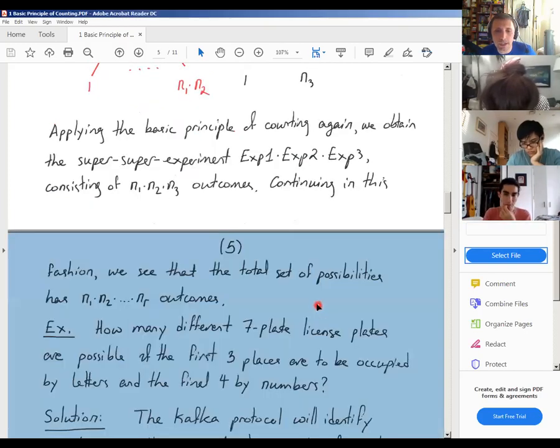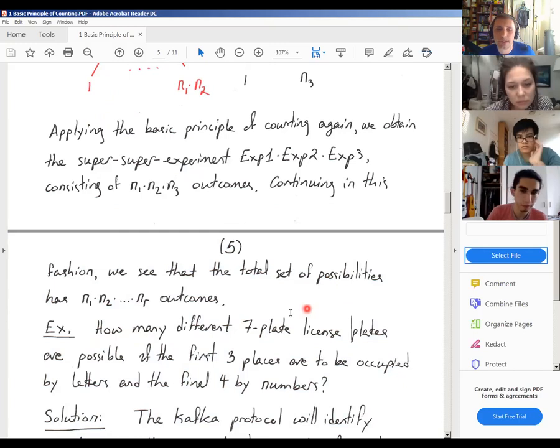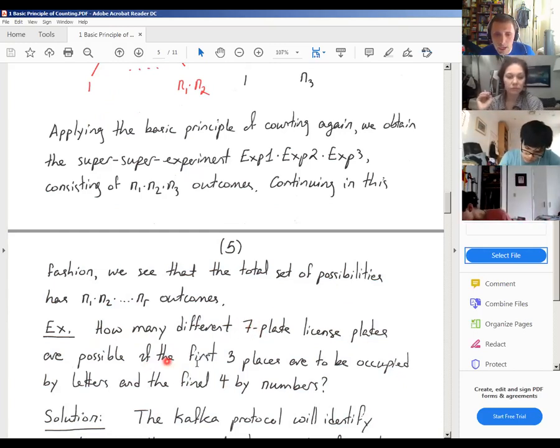All right, so here is, and I want you to think about the documentation that will make this work. We need to construct a license plate. The license plate is to have 7 places. Actually, 3 places are reserved for letters, and the remaining 4 places are reserved for numbers 0 through 9.